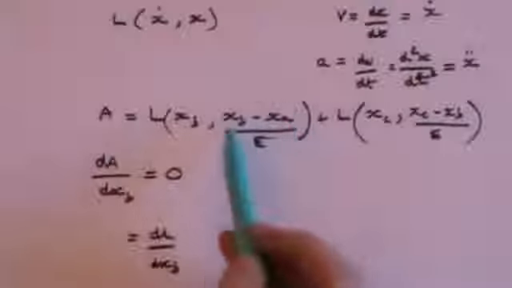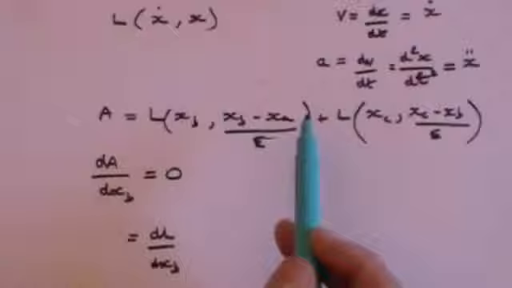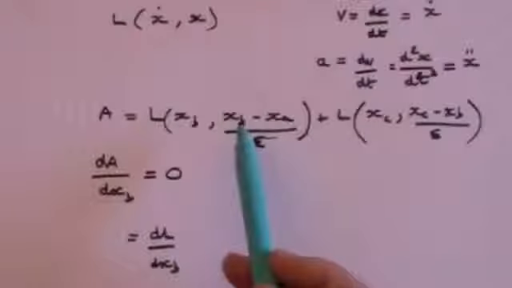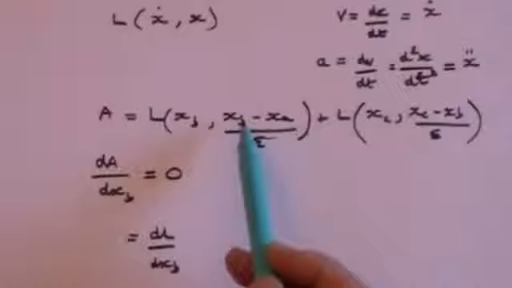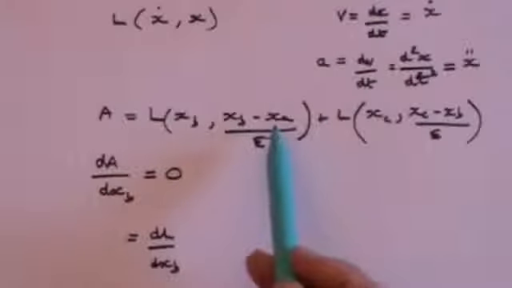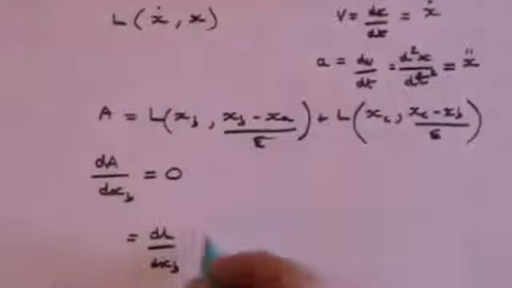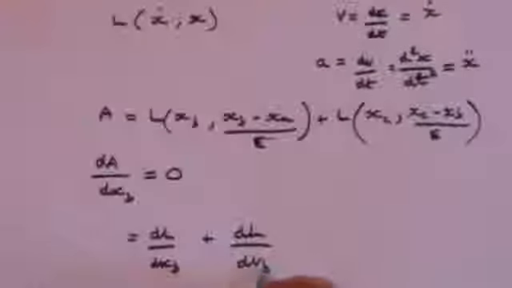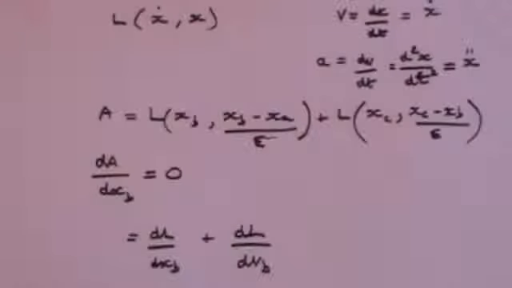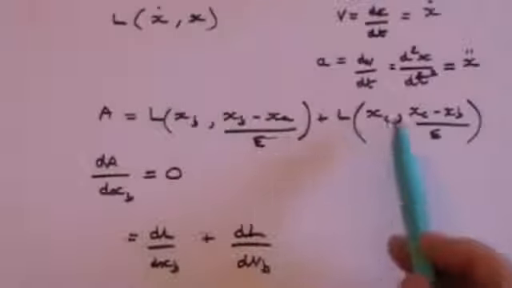What about this term here? What happens to this as xb changes? Well, as xb increases, so the velocity will increase because xb minus xa will get larger. If xb gets smaller, the velocity gets smaller because xb minus xa gets smaller. So this term here is essentially a derivative with respect to the velocity at point B. What about this here?